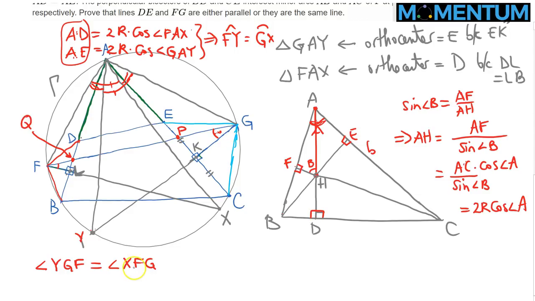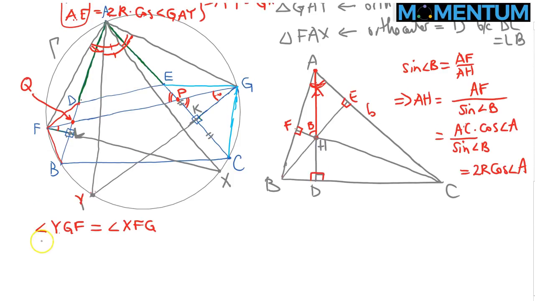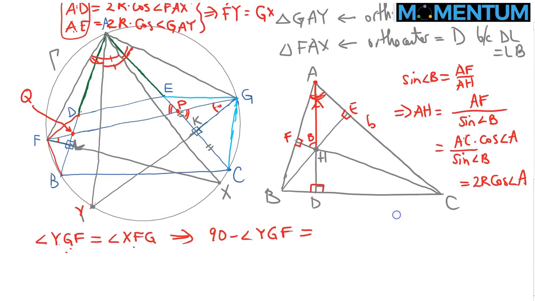If this angle here is YGF, which it is, then this guy here is 90 minus YGF, right? And this one is also 90 minus YGF. So basically we can subtract those angles from 90.